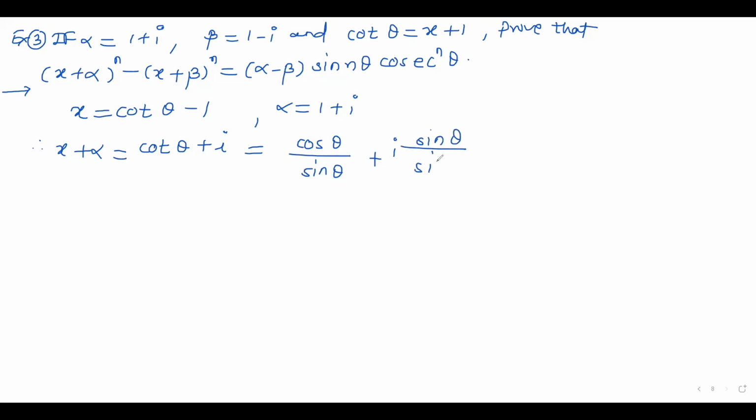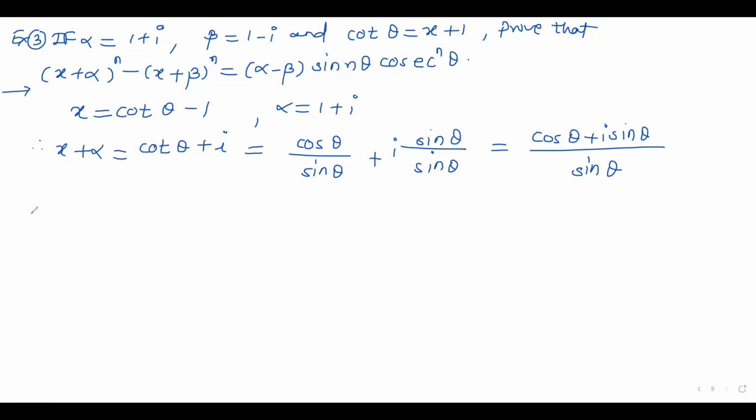Denominator अगर sin theta कैंसिल करेंगे तो i आ जाएगा और cos upon sin is cot. So can I write this as cos of theta plus i into sin of theta divided by sin of theta, because the denominator is the same, right?